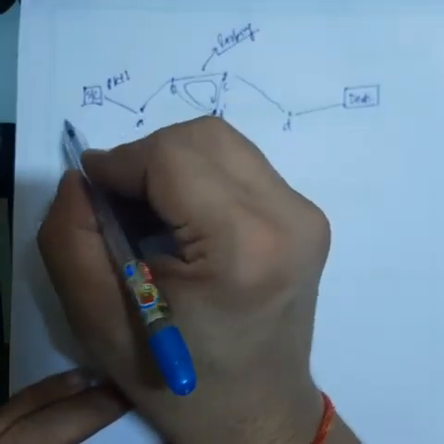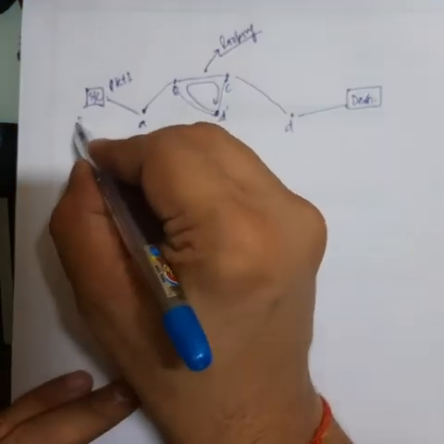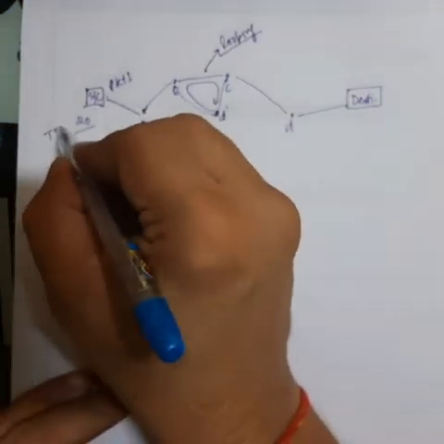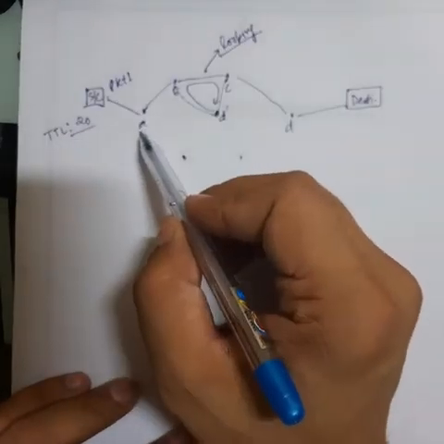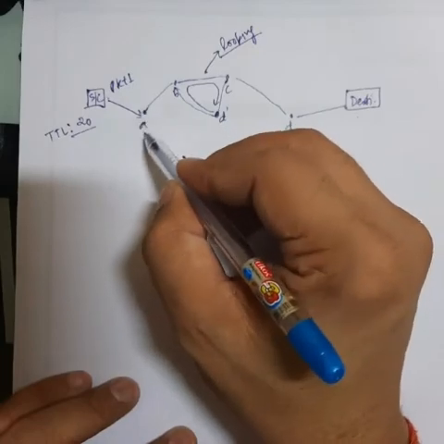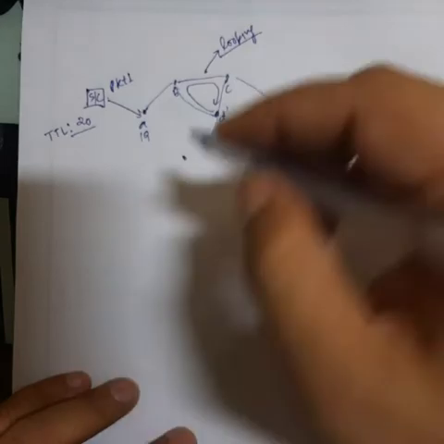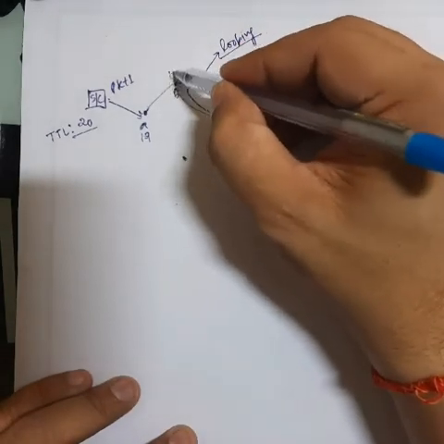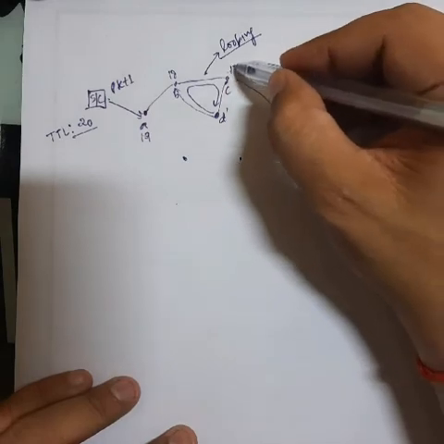A source will use a value like 20 for TTL. If the TTL value is 20 and it transmitted packet 1, and the packet is transmitted at A and through B, it will change to 19, and if it reaches B it will change to 18. If it reaches C it will change to 17.